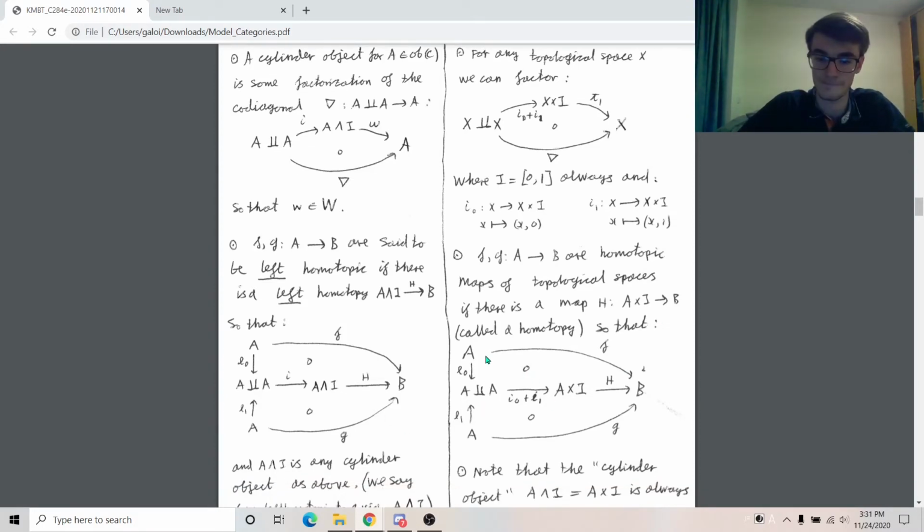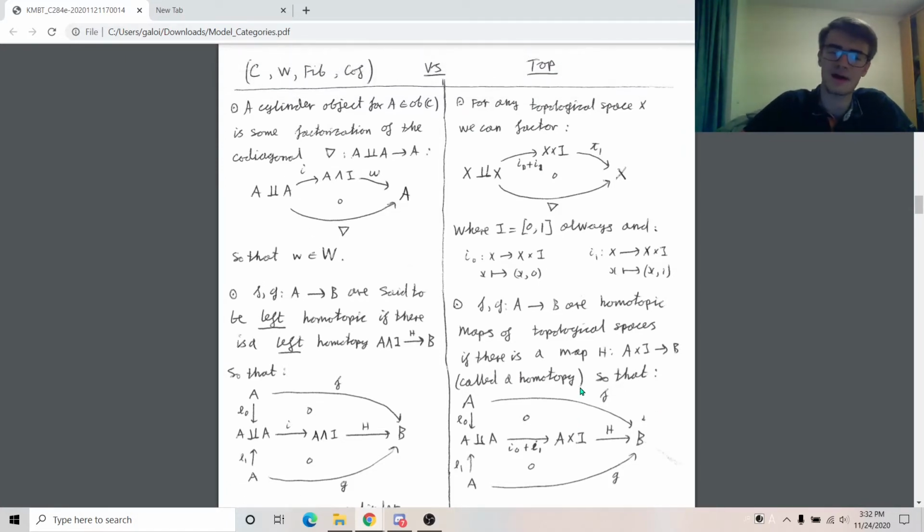So basically, if you include A into the bottom face and apply H, it's your map F. If you include A in the top face and apply the homotopy H, then it's the map G. So H is a continuous interpolation between maps F and G, and this is exactly what the commutativity of this diagram is stating. And the fact that this cylinder object for X factors the codiagonal is a key property, which tells us that the cylinder object can be used to do homotopy theory.